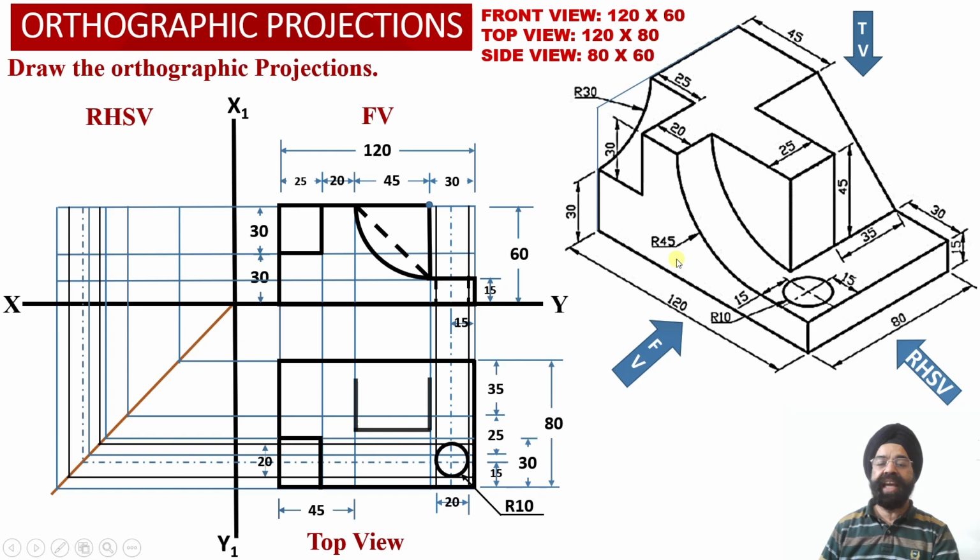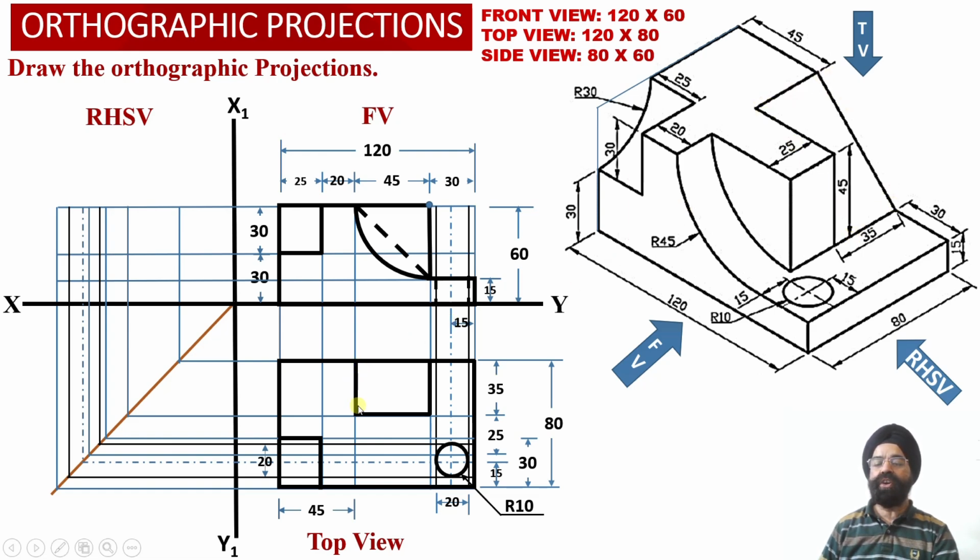So now next we have got this inclined surface over here which is lying towards the rear side of the solid. So we can check that this rectangular surface happens to be inclined with respect to the horizontal plane.